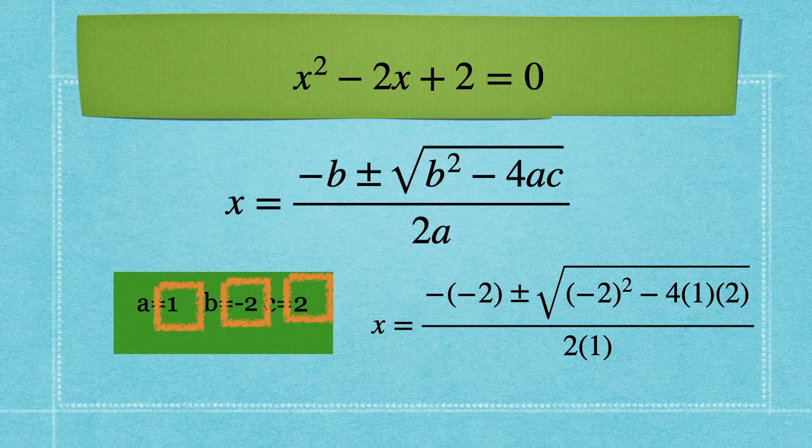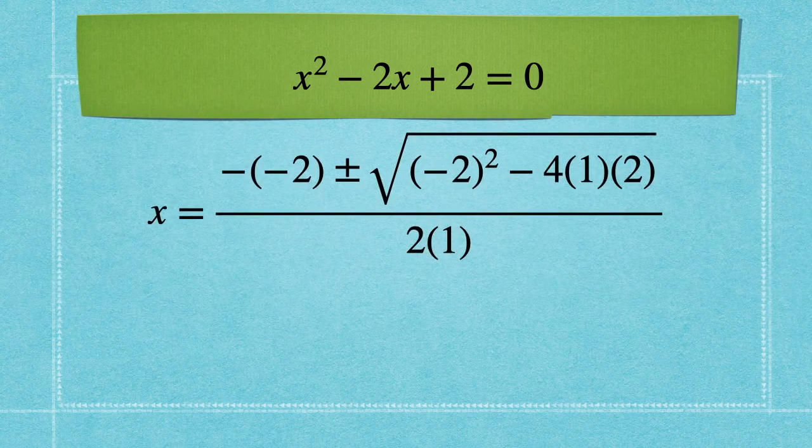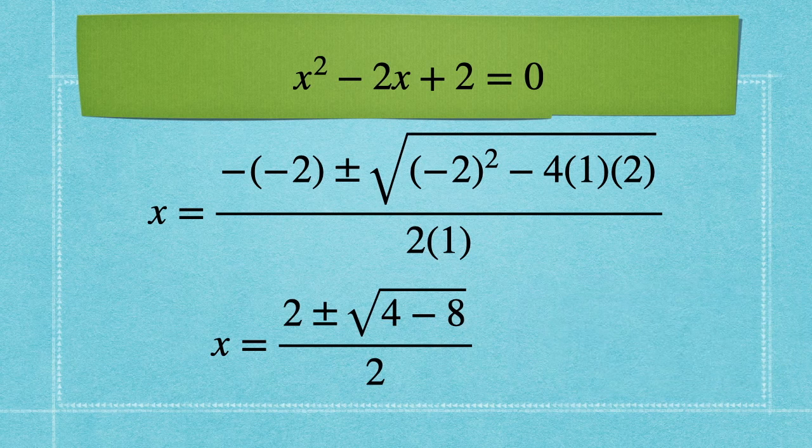Now I'll be simplifying this further because we're solving the equation where we're finding the roots. The roots are the x values. So this is what we have here, that's what we're working on to simplify. Negative times negative gives us the positive 2 that you're seeing here. Now we're going to move to what we have below the square root.